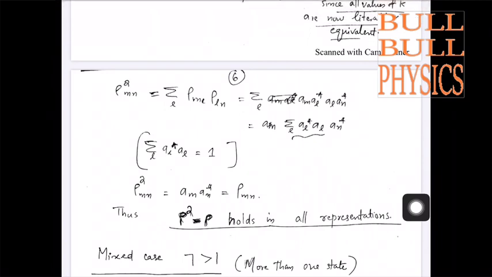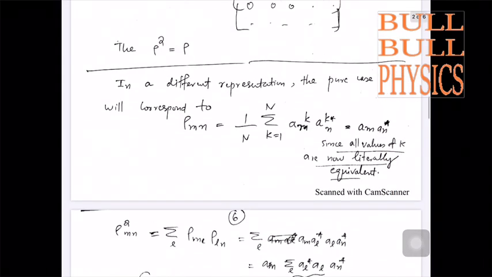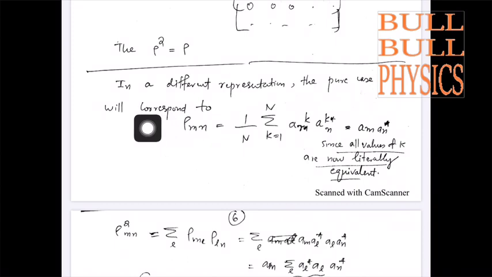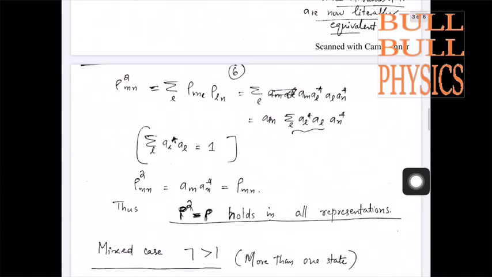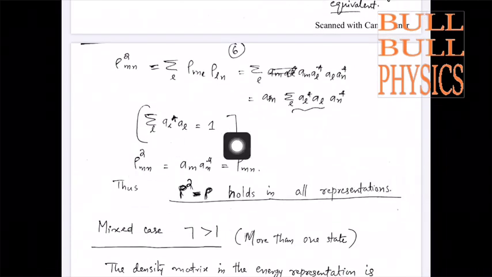So rho square mn will be rho mn. So this rho square equal to rho holds in all representations. Here we are not taking the energy representation, we are taking a different representation. The basis set is different. It is not the eigenfunctions of the Hamiltonian. In that case, we get the same result, rho square equal to rho.